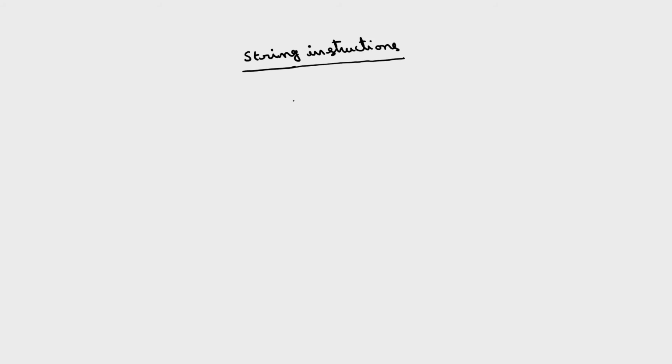The first string instruction is load string byte. We do not mention anything here. Automatically, if it is string byte, the contents of SI, by default, will be transferred to the register AL.